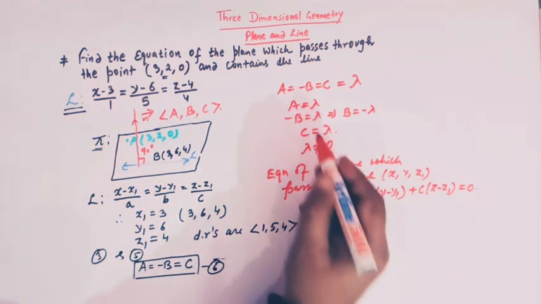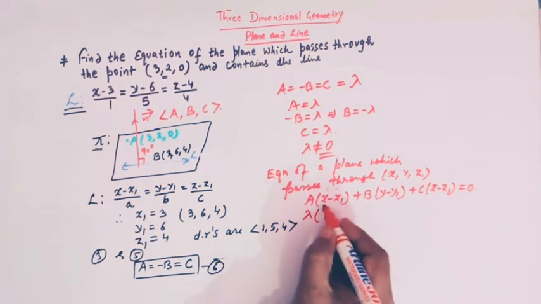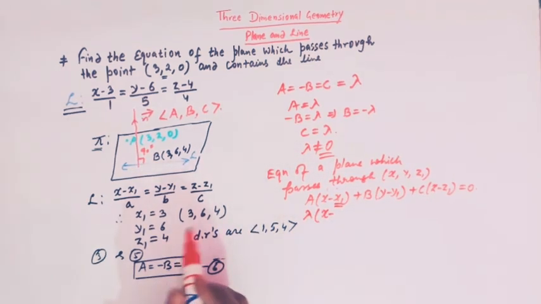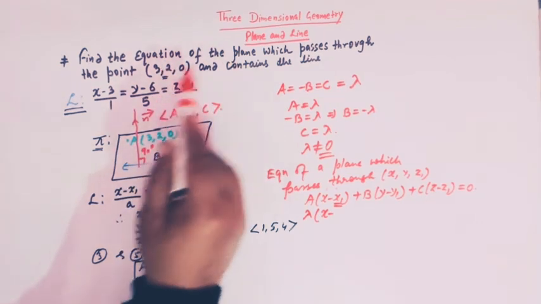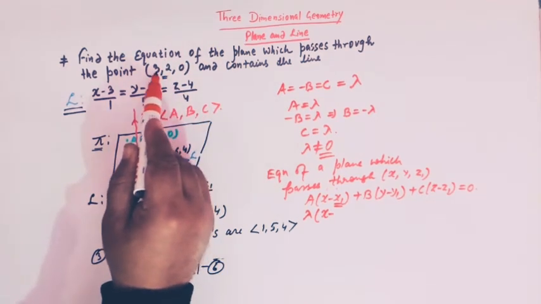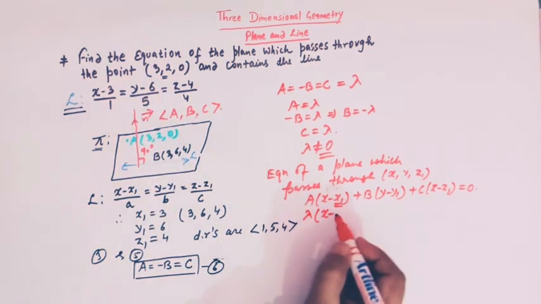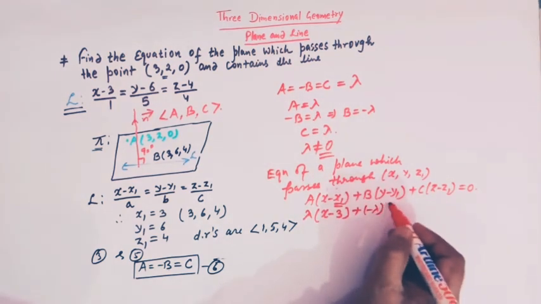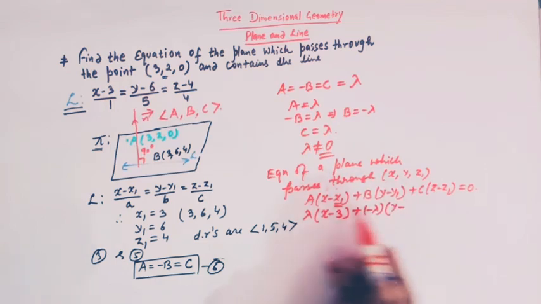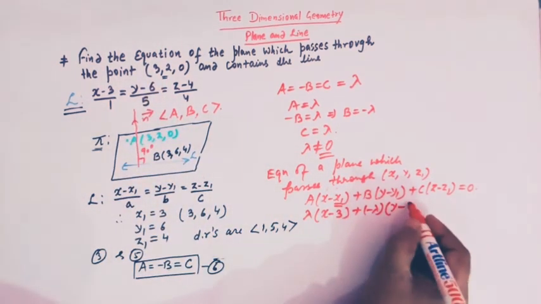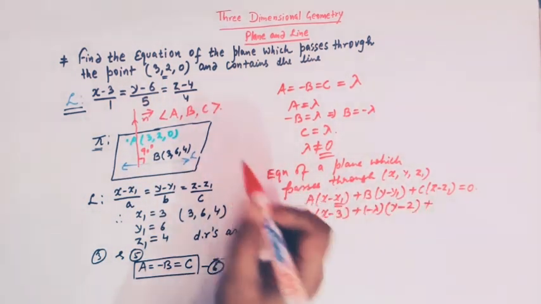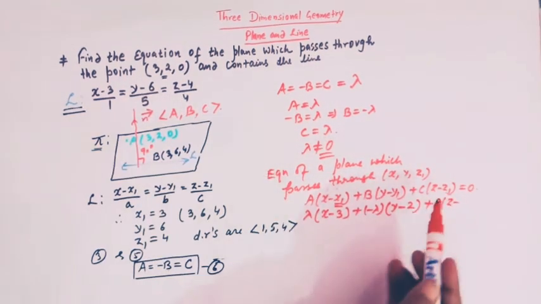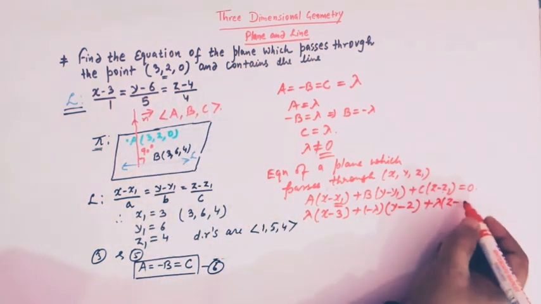So here we have a is equal to lambda and we have x minus x1. Now x1 is the point through which this plane is passing. So here we have x1 is equal to 3 and b is minus lambda, and here we have y minus y1, so y1 is 2 and c is lambda and z minus z1, so z1 is 0, right?